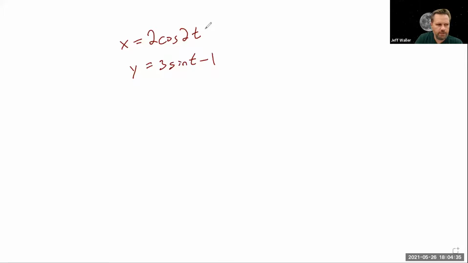The one on the quiz is actually easier, to be honest. But can somebody remember that? You better remember this. What's cosine of 2t? What's one way I can rewrite cosine of 2t? 1 minus 2 sine squared t.